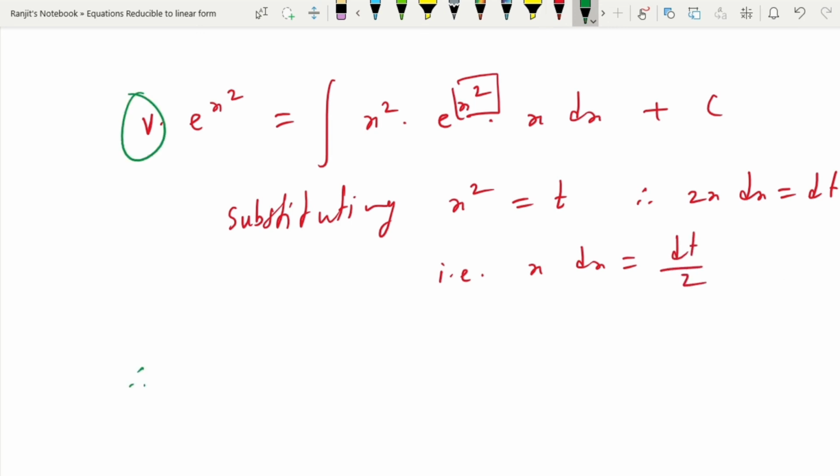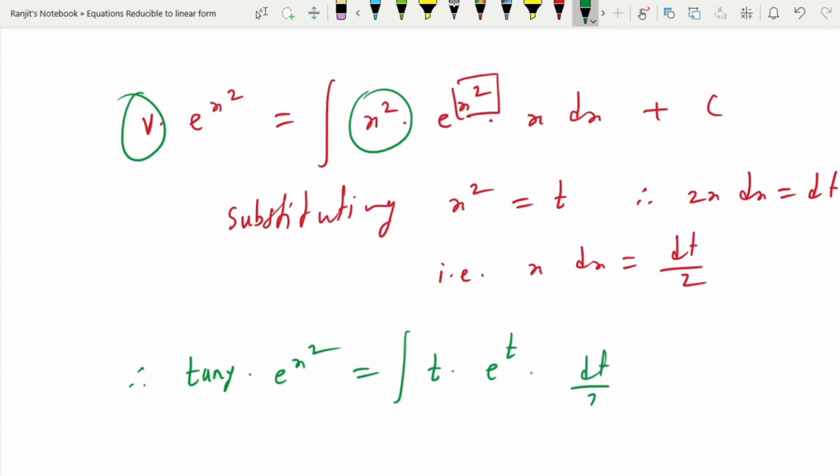So now v, that is tan y, times e to the power x square is equal to integration of t, e to the power t, times x dx, which is dt by 2, plus c, the constant of integration.